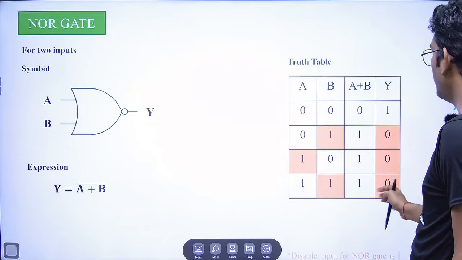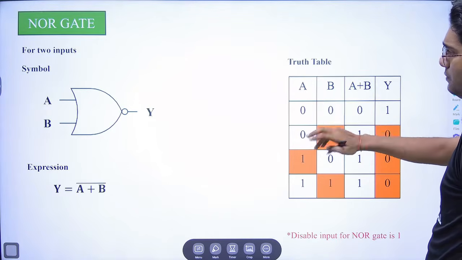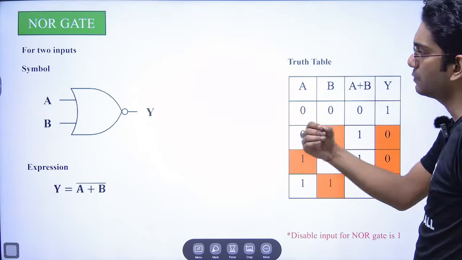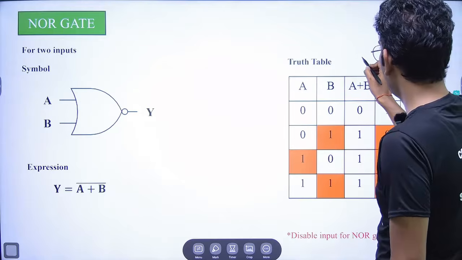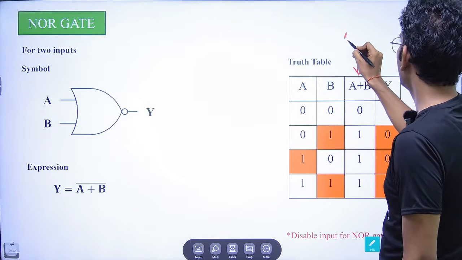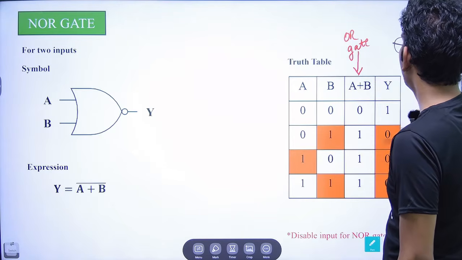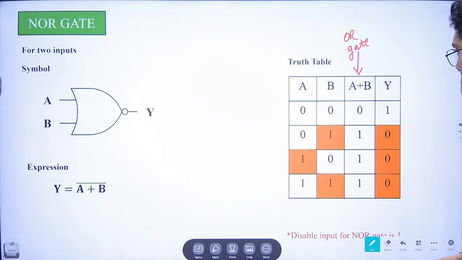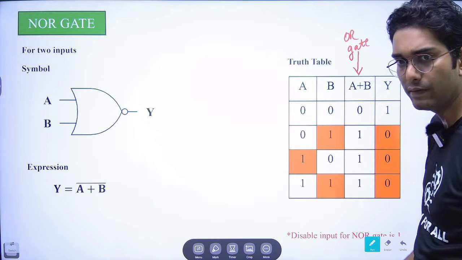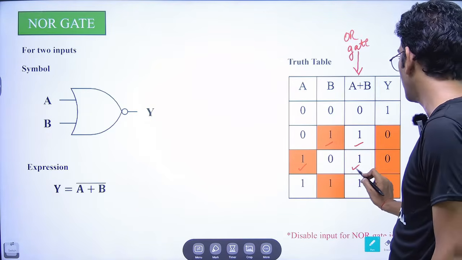In this truth table, a total of 4 combinations are present as per the 2 inputs available. Just for explaining, I have taken A plus B, the output of the OR gate. In the OR gate, if any input was 1, we were getting the output as 1. Here this is 1, so we get 1.